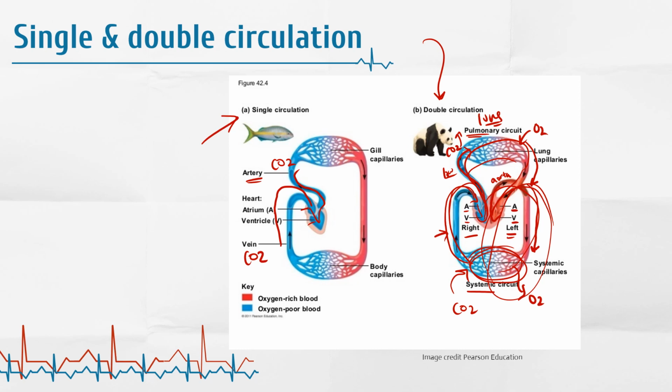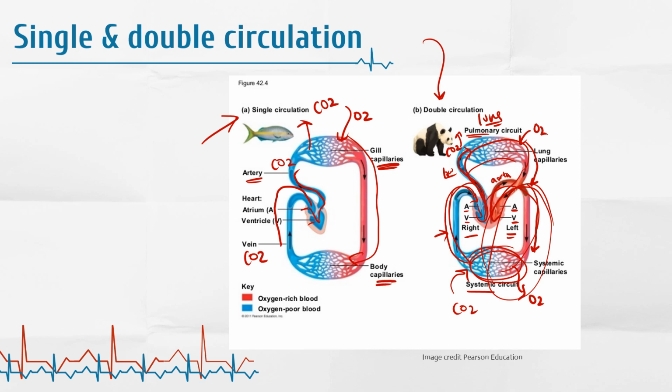This blood is going to get sent first through the capillaries of the gills. And in the gills, this is where the fish is going to exchange with the water that it lives in, that CO2, and it's going to pick up some oxygen that's dissolved in the water. That oxygen-rich blood will then flow around the body through the capillaries.